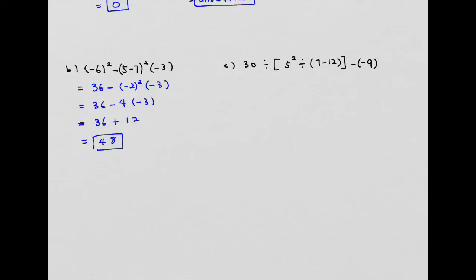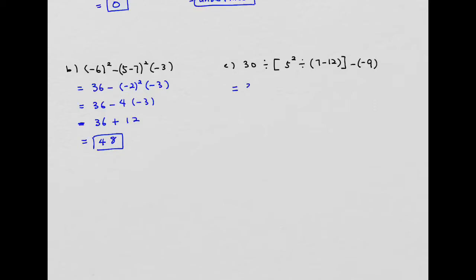Let's try one last one for the order of operations. So this one I have not only parentheses, I have brackets, but they work the same, but you need to work inside out. So you want to do 7 minus 12 first. Because this is separated from that parentheses, I can maybe do that at the same time.